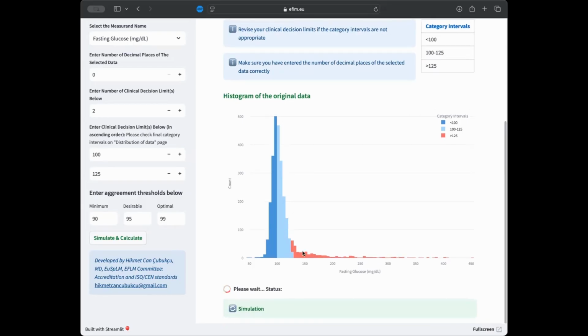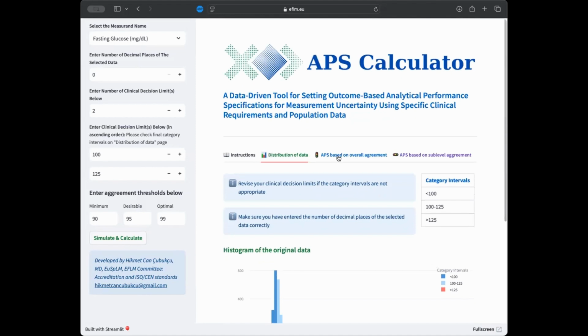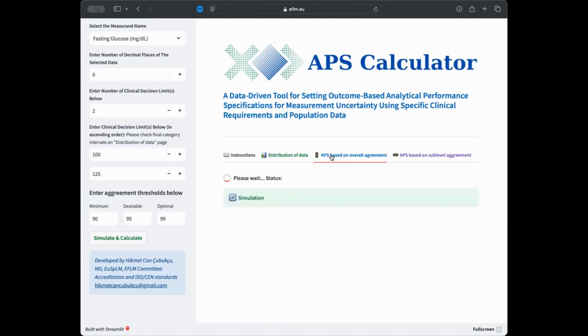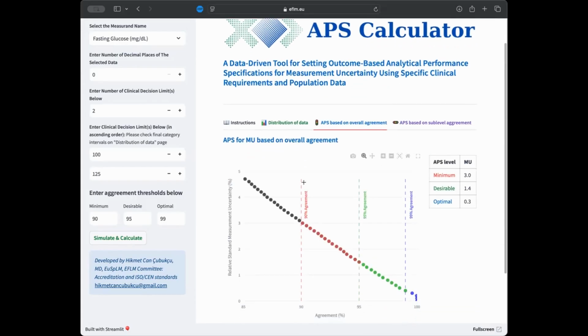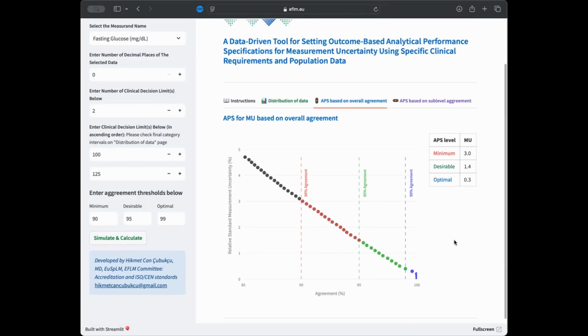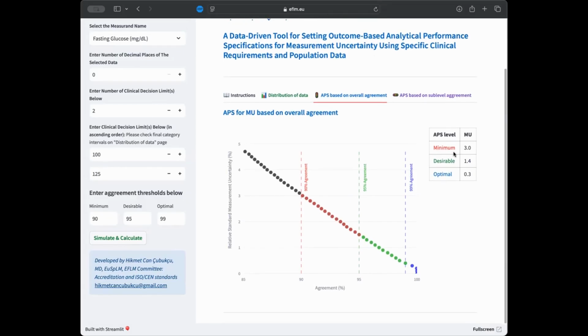So the simulation carries on. Let's look at the other tab, APS based on overall agreement. It shows me the APS-C for overall agreement, which considers all clinical decision limits and all 3 categories in this simulation period. So it shows the overall picture and overall APS-C.